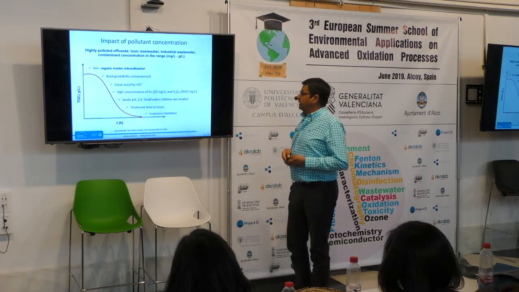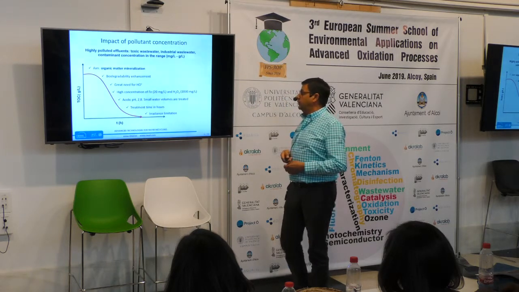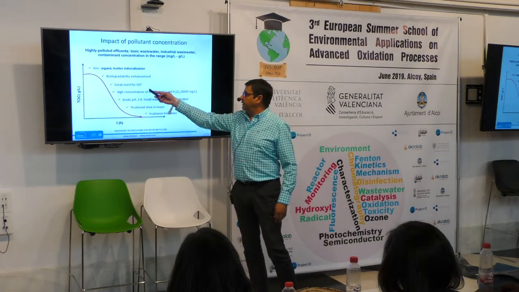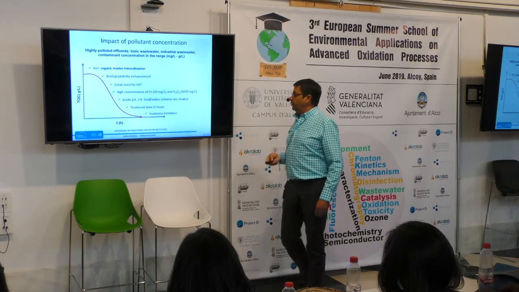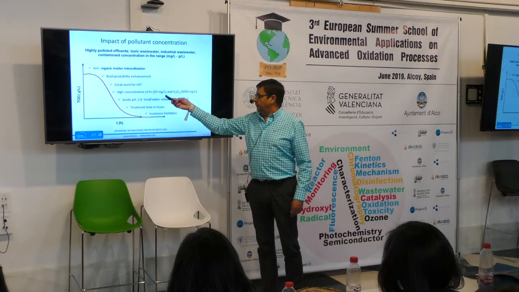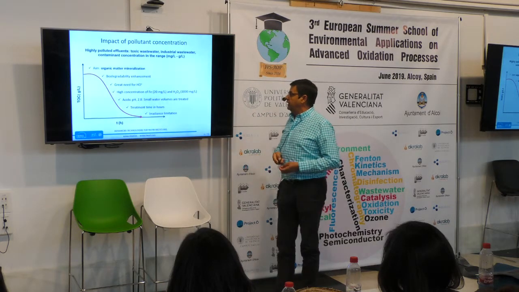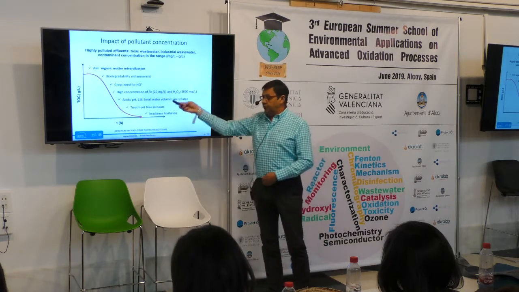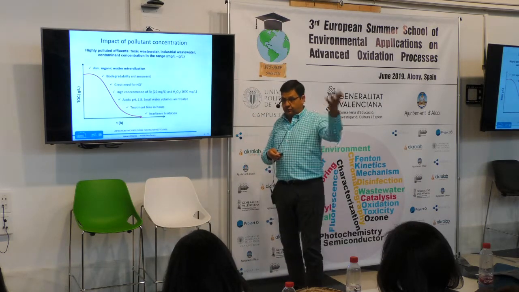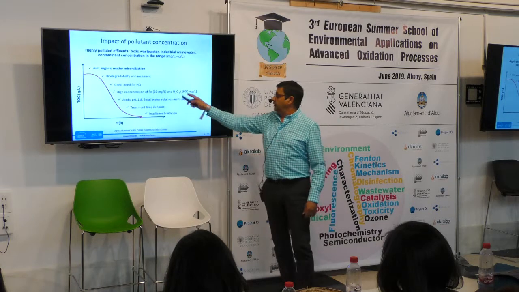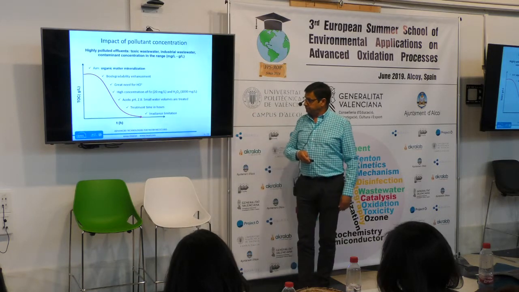Okay? To reach this goal, we have a great need for hydroxyl radicals, and consequently, we use high concentration of iron, typically 20 milligrams per liter, and hydrogen peroxide. It's the oxidant agent which gives rise to the hydroxyl radicals, around 1,000 milligrams per liter.